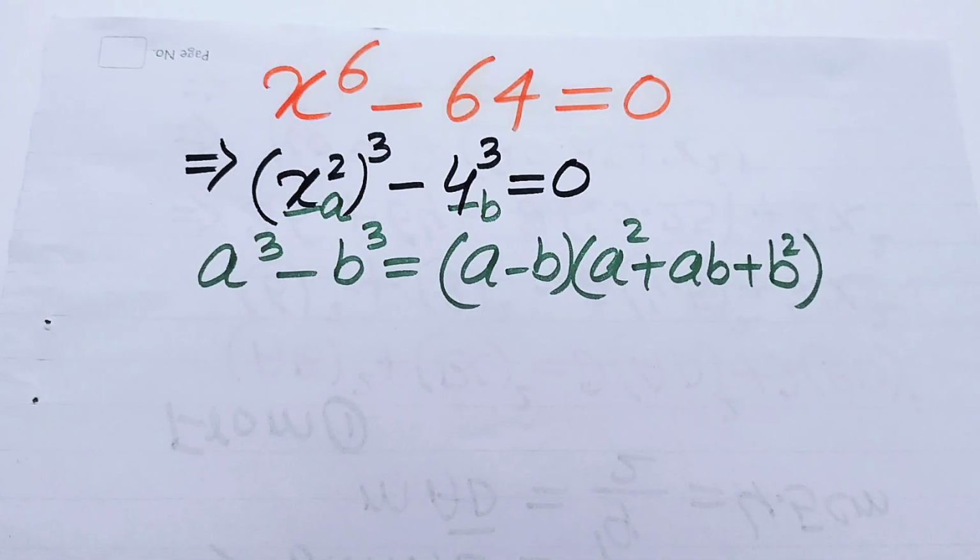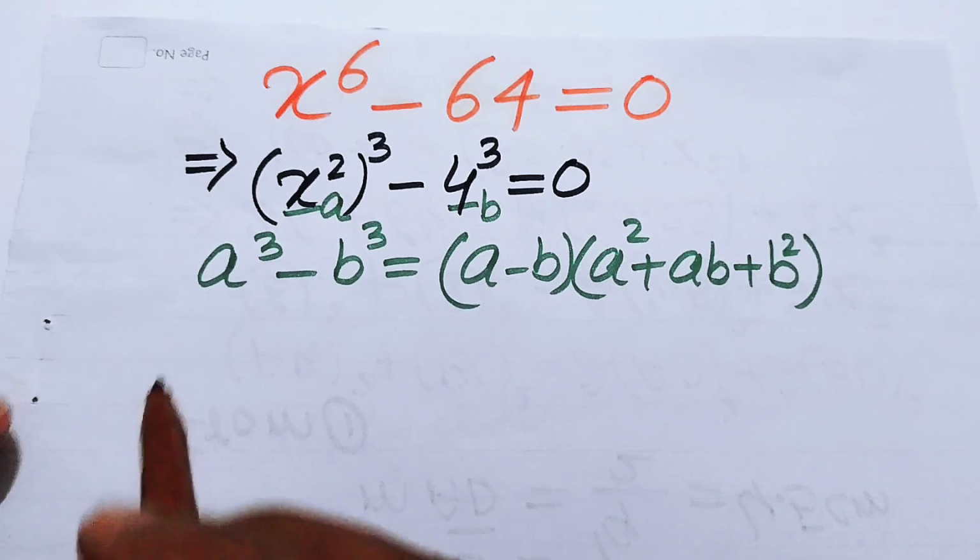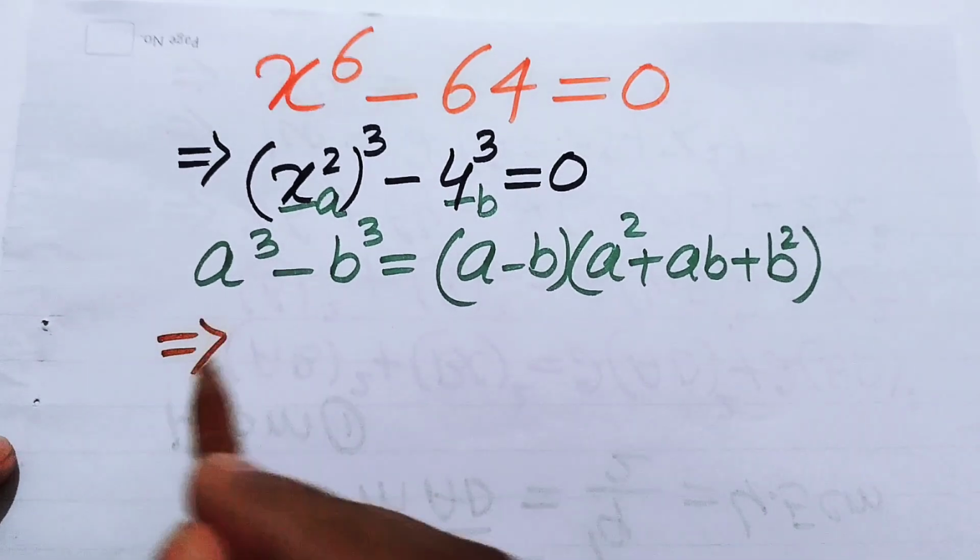So now we just put the values of a and b in the formula and we get its output in this form.